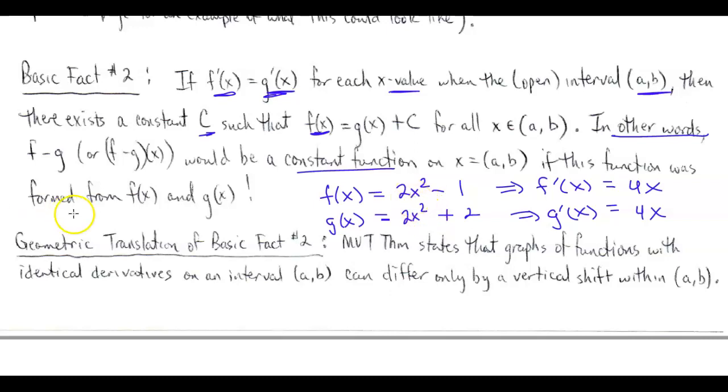Then, of course, the difference in between f and g here, okay, if I say f minus g, so let's say minus, and let's say I do a minus here, then, of course, the difference in between these, if I add them, of course, that's going to cancel, and minus 1 minus 2 is going to give me a minus 3.